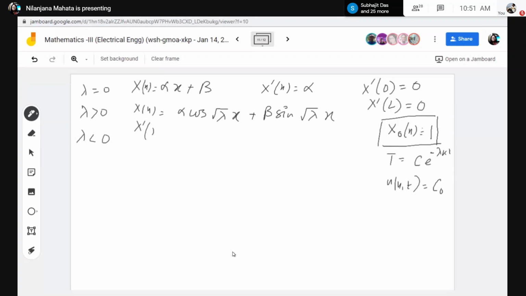So your X dash is nothing but minus alpha root lambda sine root lambda x plus beta root lambda cos root lambda x. If X dash 0 is 0, then beta is 0.